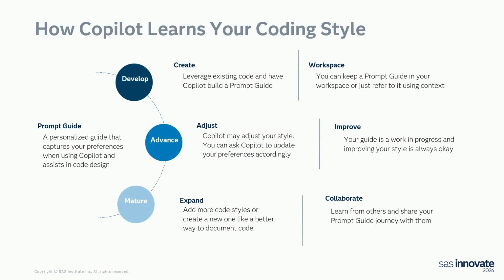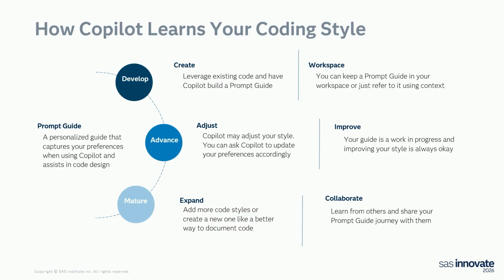So I came up with this little chart that shows you how you develop the prompt guide. We're going to be using Copilot to create a prompt guide for Copilot. What you do is you feed your first code into Copilot and ask, can you help start building a style guide based off of the previous logic I've been working on?